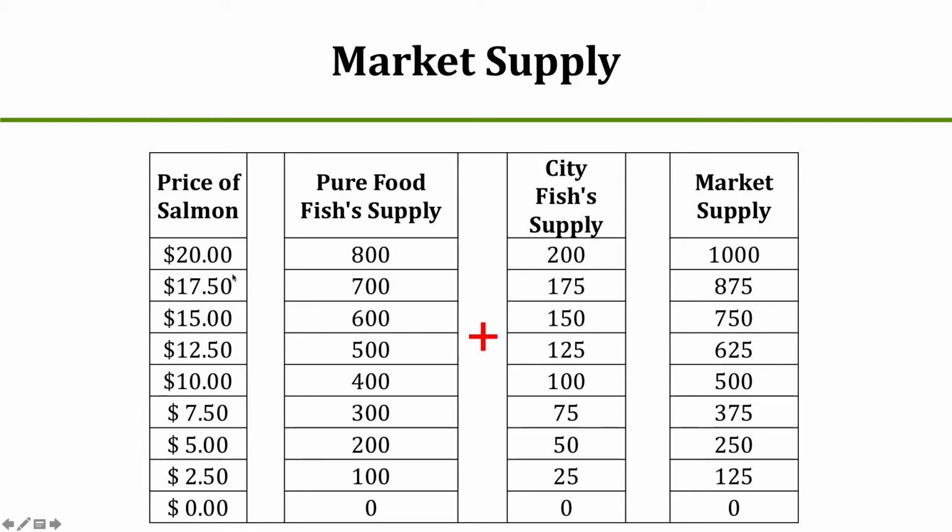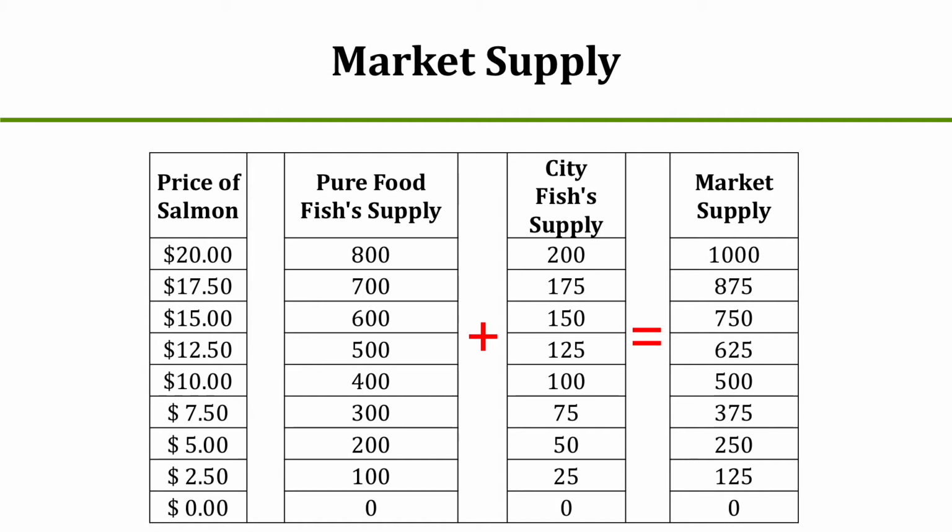So the market supply on that price should be 750. If we do the same calculation for all price levels, we will find the market supply and the supply schedule for the market, because the first column is the price and the last column is showing me the quantity supplied.